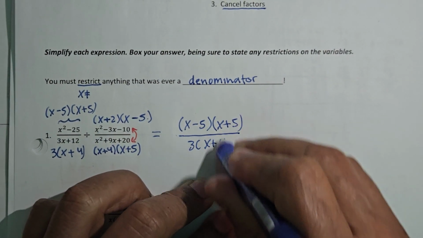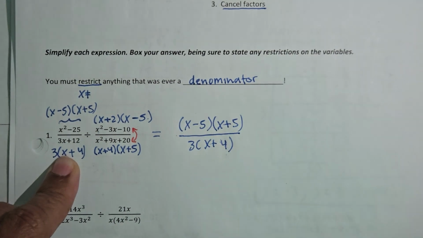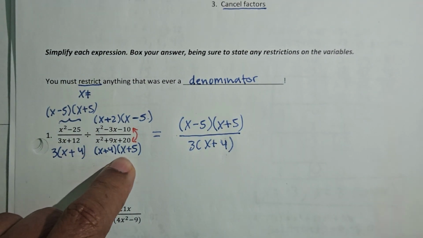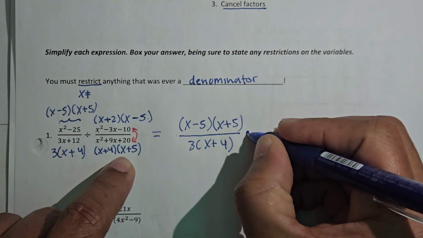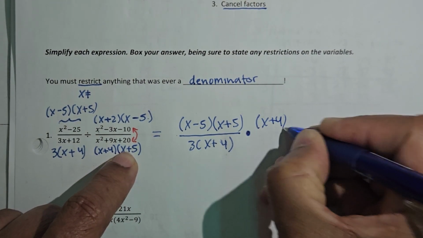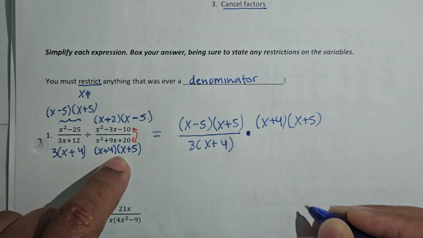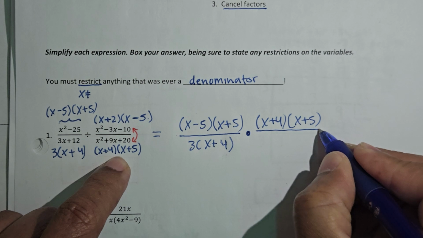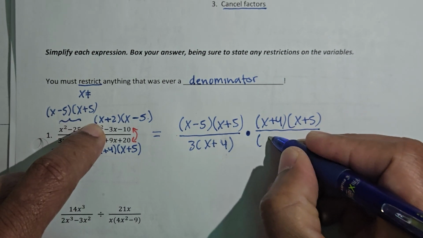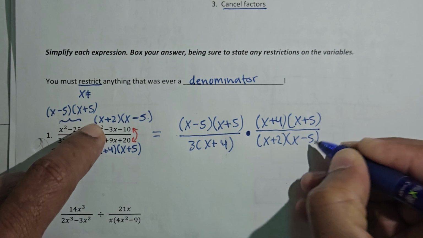Then I'm going to flip this one here, so instead of division you multiply. You write x plus 4 times x plus 5 as the denominator, and the numerator goes down here: x plus 2 times x minus 5.